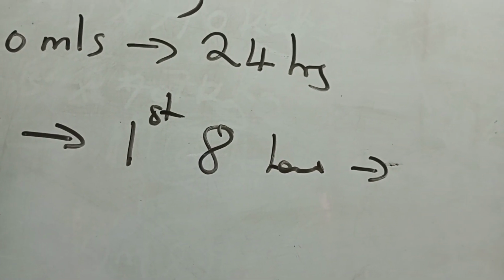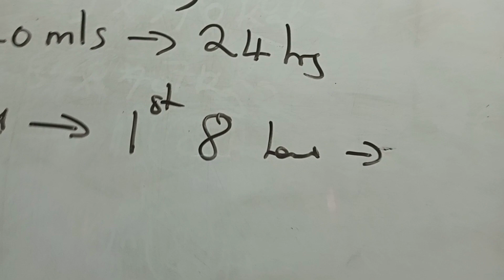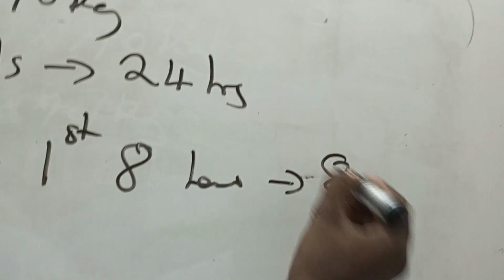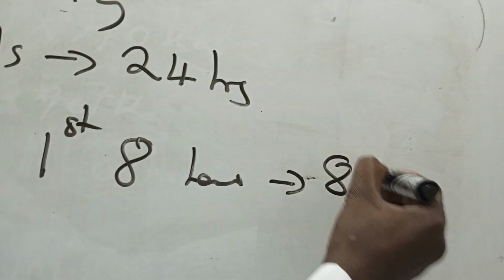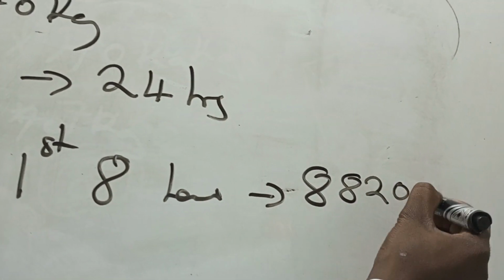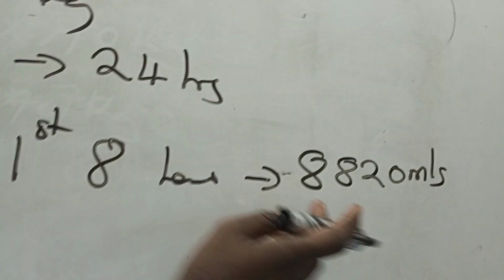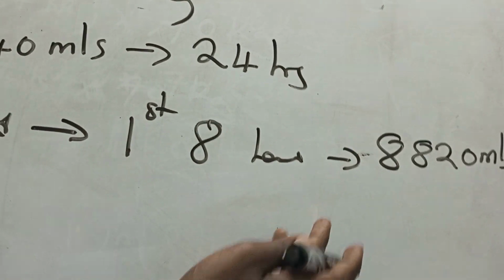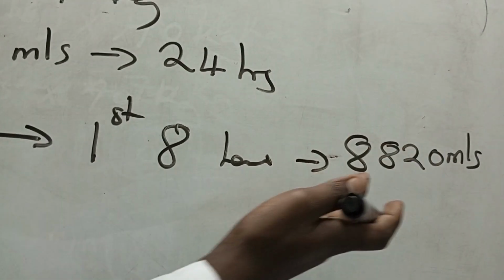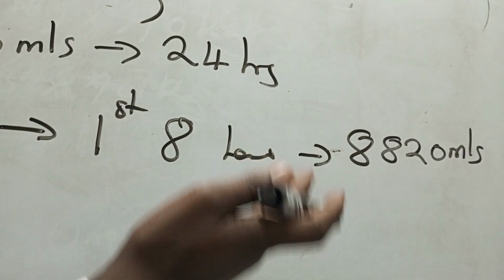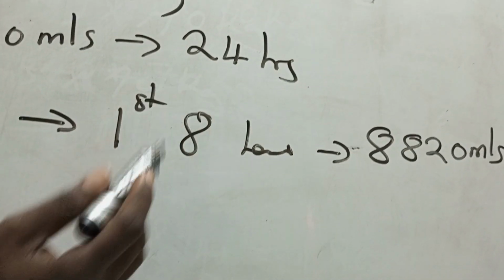Of course, the half here will be somewhere around 8,820 mils. So this 8,820, or in short 8.8 liters, is the total amount of fluids you are going to give in the first 8 hours.